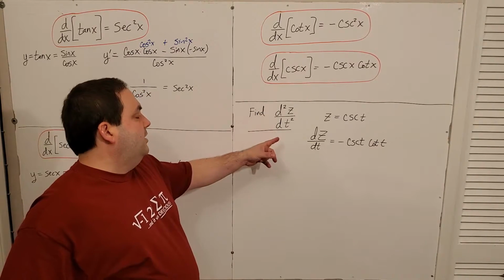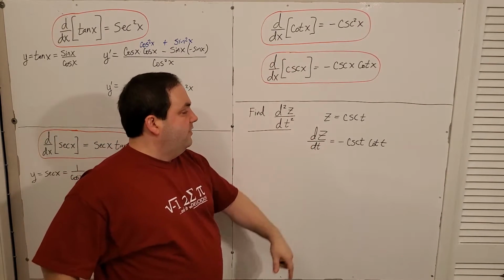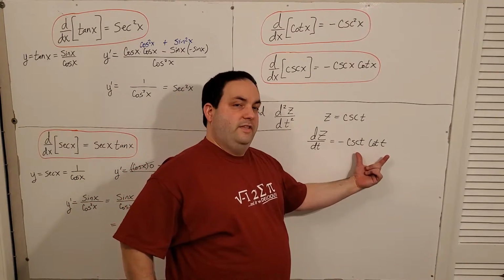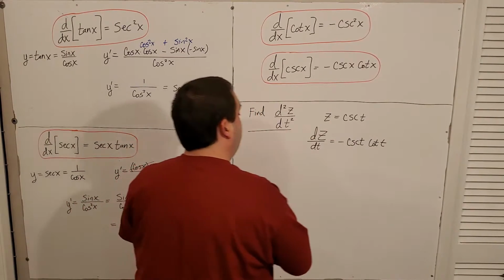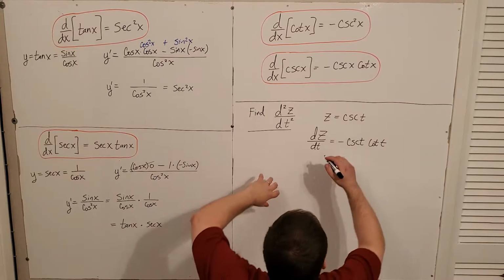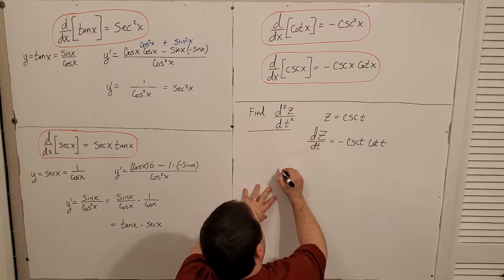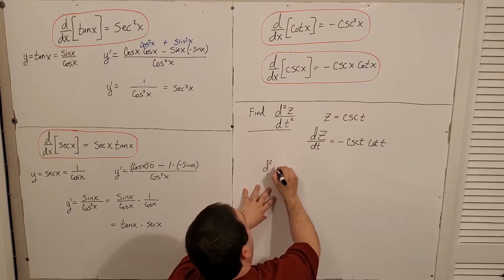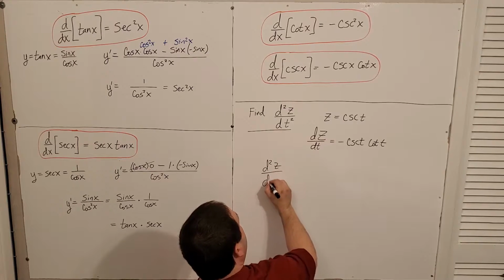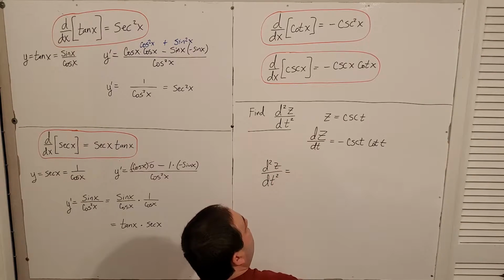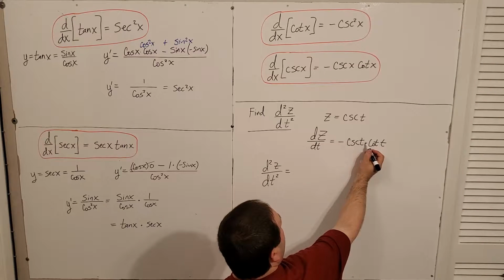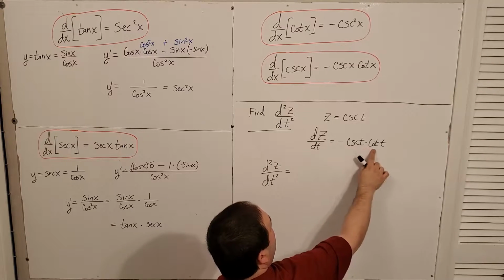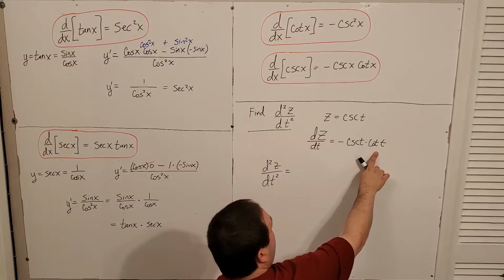Now we want the second derivative, so I have to do the derivative of this derivative, right? Okay, so here we go. I've got d squared z dt squared is equal to, this is going to be a product rule, right? Because I have two things multiplied each with a variable.